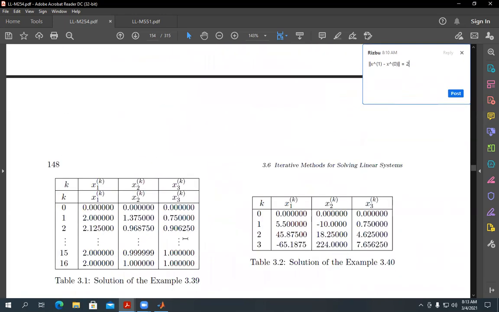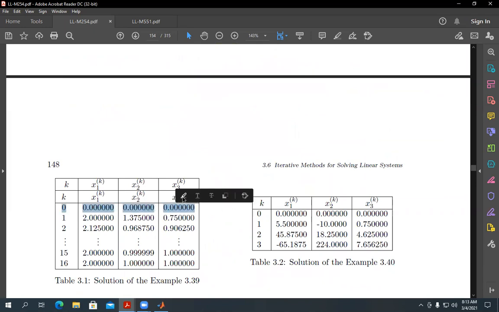I give the answer in the form of a table. This is the given initial approximation. This is the first time you use the formula. This is the second time you use the formula. First, you check whether the difference between the second one and this one is less than 10 to the power minus 6; if so, stop. What we got is 2.